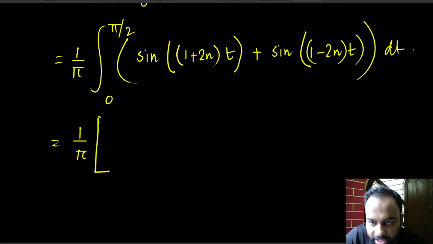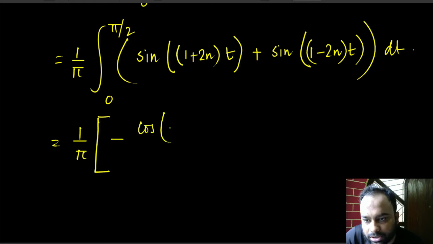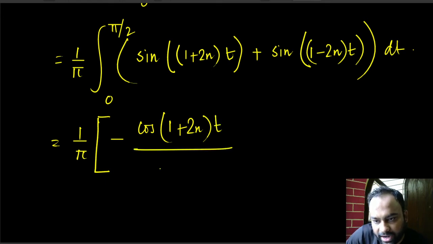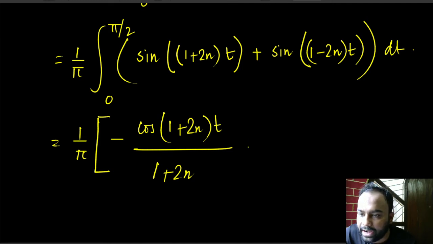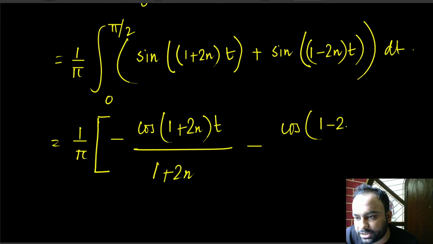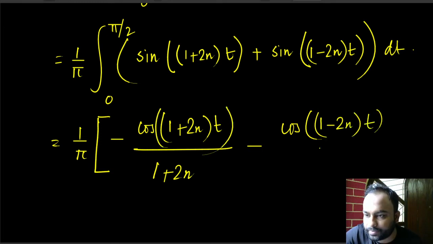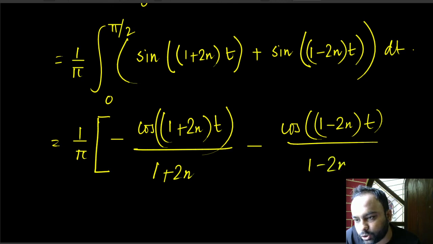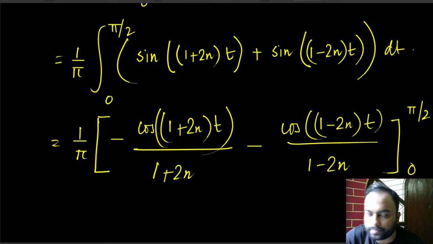Finally, this is going to be minus cos 1 plus 2n t divided by 1 plus 2n, right? And then similarly minus cos 1 minus 2n t, of course there is a bracket here, divided by 1 minus 2n, and the limits are from 0 to pi by 2.